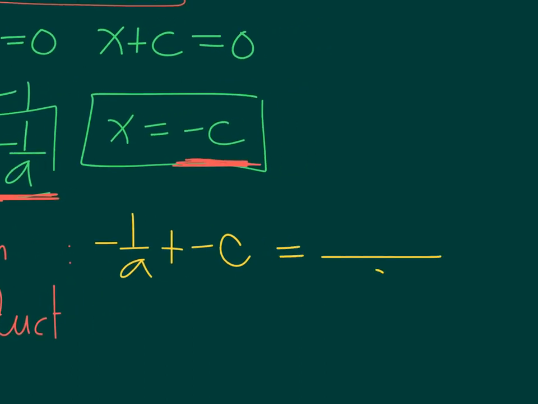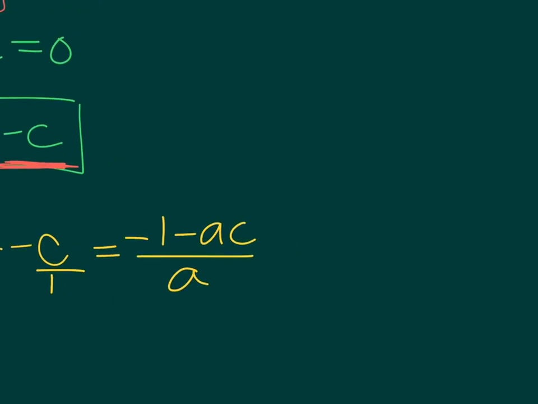The denominator, LCD, is a. a divided by a times negative 1 is negative 1, a over 1 is a times negative c is negative ac. Let's simplify this further. Factor out the negative sign. You get negative 1 plus ac over a.